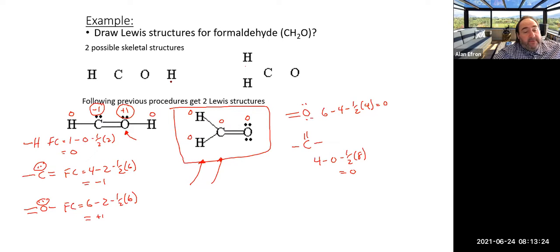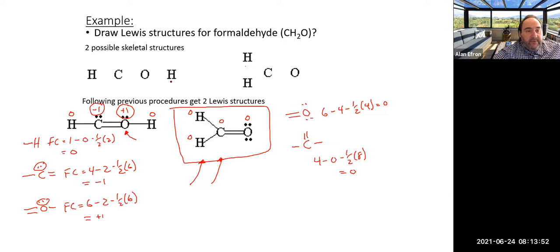Minimizing formal charge means, if you could get all zeros for the formal charge, that's probably the best arrangement for those atoms to come together in a Lewis structure. Small formal charges are best. Things with really large formal charges, +2s, +3s, +4s, whatever it may be, are probably less likely to occur or lead to the best structure.